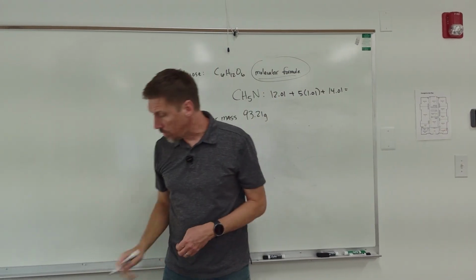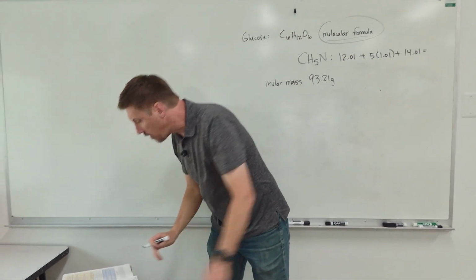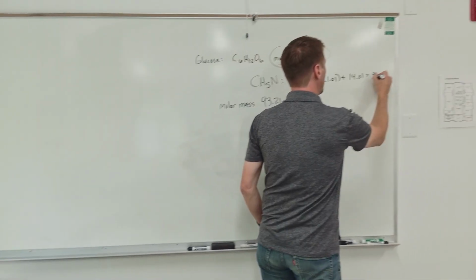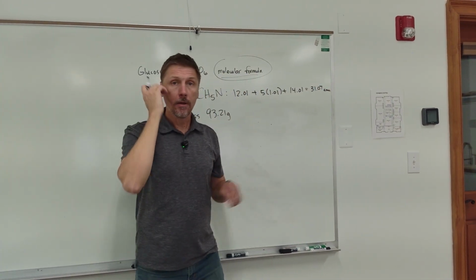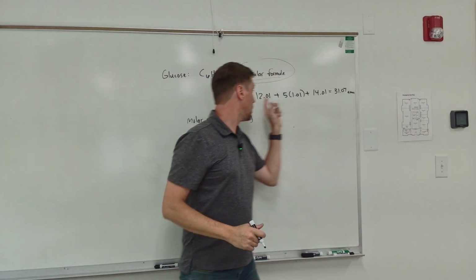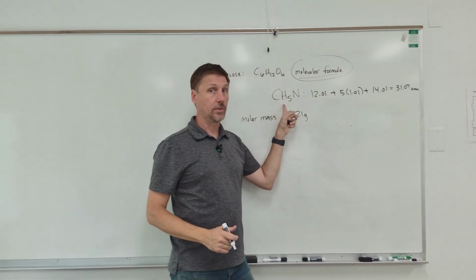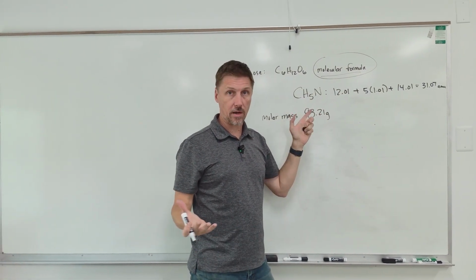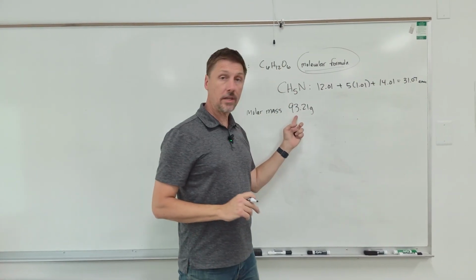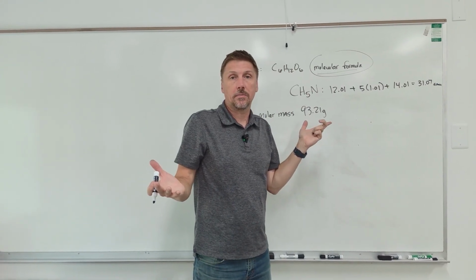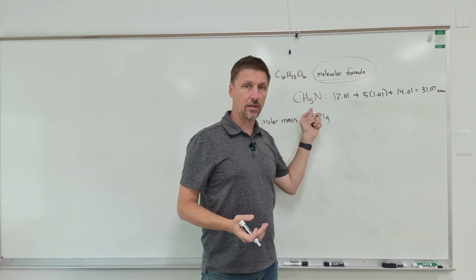When I add it all up, I get a value of 31.07 AMU. Based on the periodic table, this is the atomic mass of the empirical formula of the actual compound we're looking for. Notice this is not the same as 93.21, just like we would expect, because this is not the molecular formula.